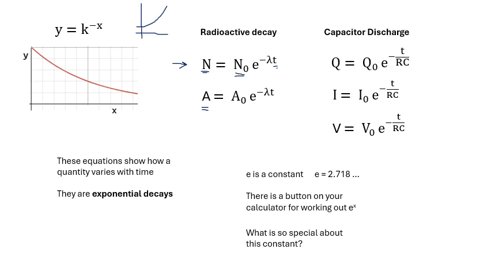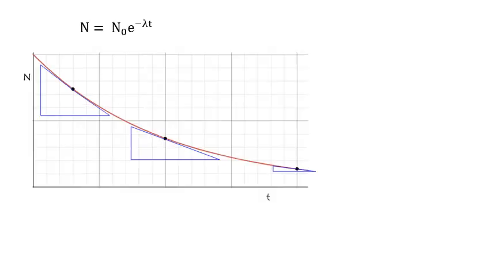Well, don't worry too much about this, by the way, but I need to justify it. If we have this graph of N against time, and as I said, N might be the number of unstable atoms in a sample of an isotope, and N is N naught e to the minus lambda t, where e is this magical constant.